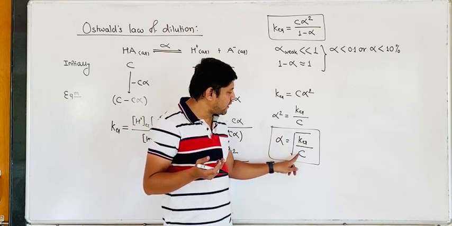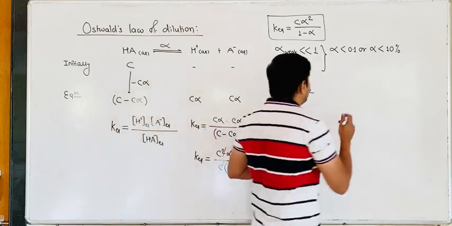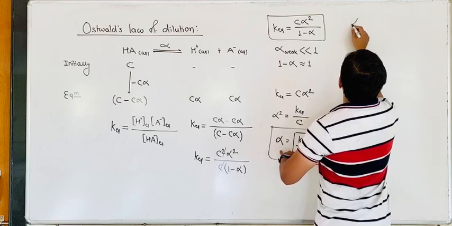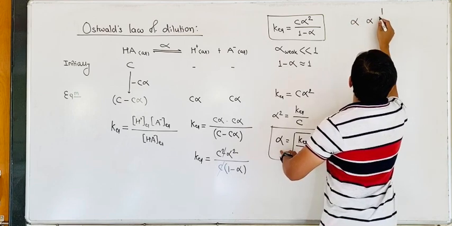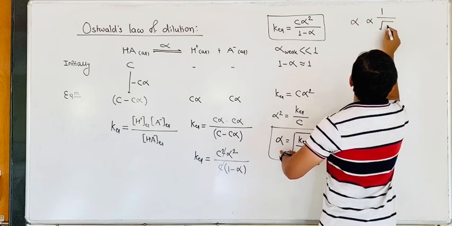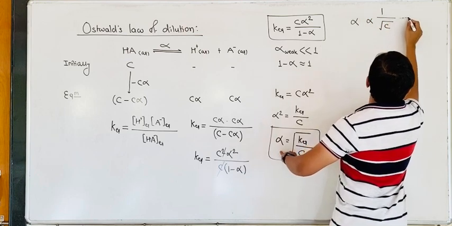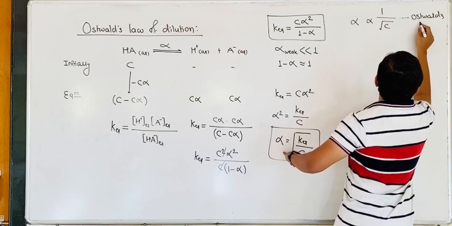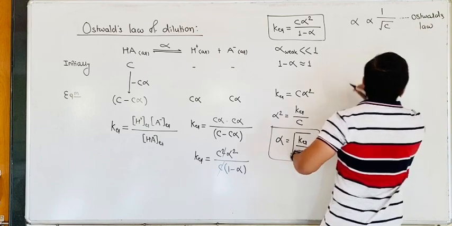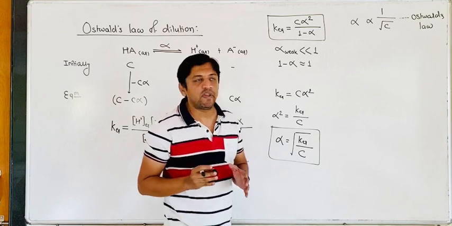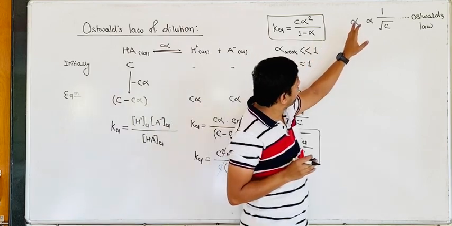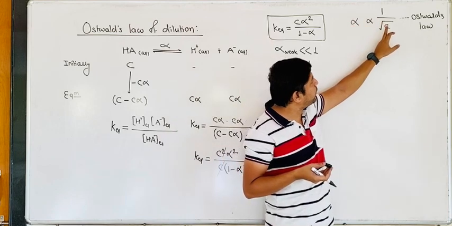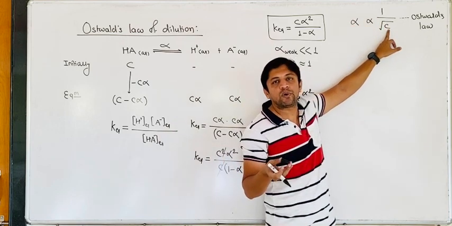Now alpha depends on the concentration. It can be written as alpha is inversely proportional to square root of concentration. It is Ostwald's law of dilution. It represents degree of dissociation of weak electrolyte alpha is inversely proportional to square root of concentration of that weak electrolyte.